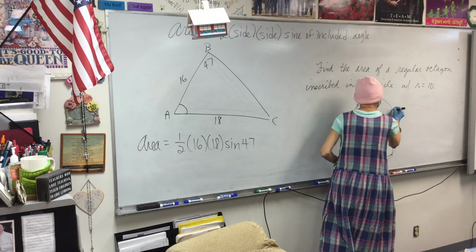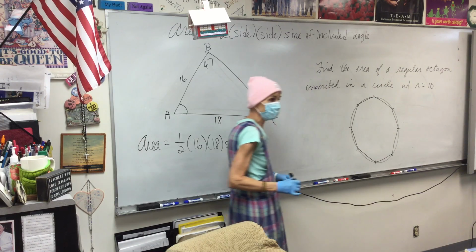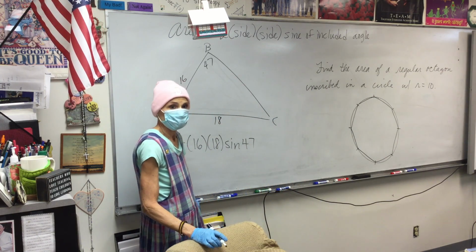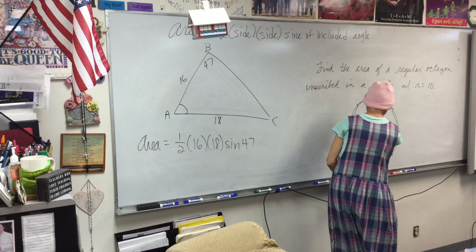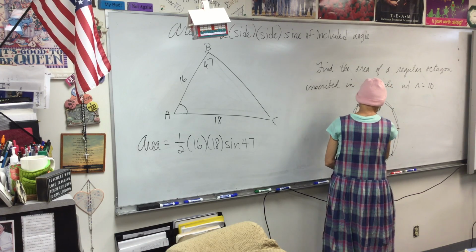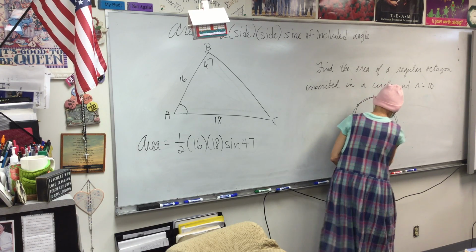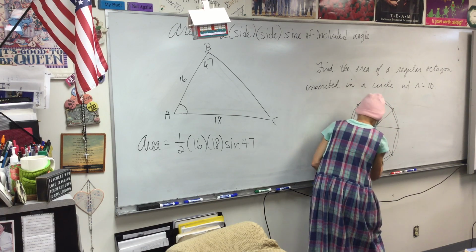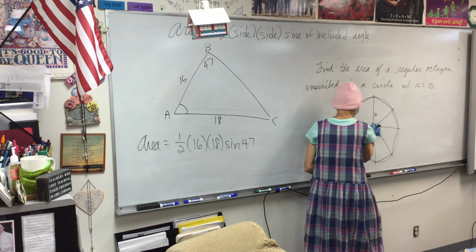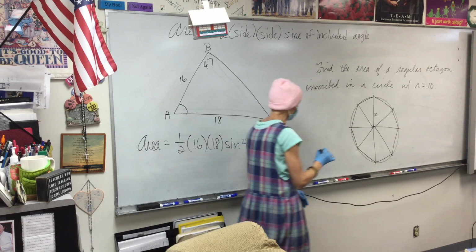Then I have an octagon that is inscribed in a circle. You know the radius is 10, and I know the radius is 10. So remember, radius, so these are all 10s.